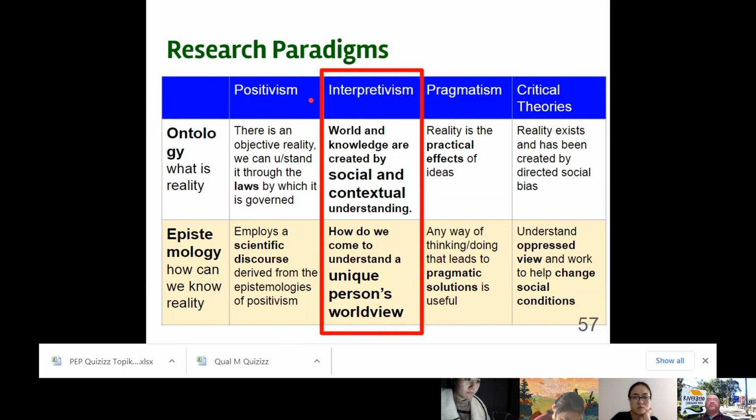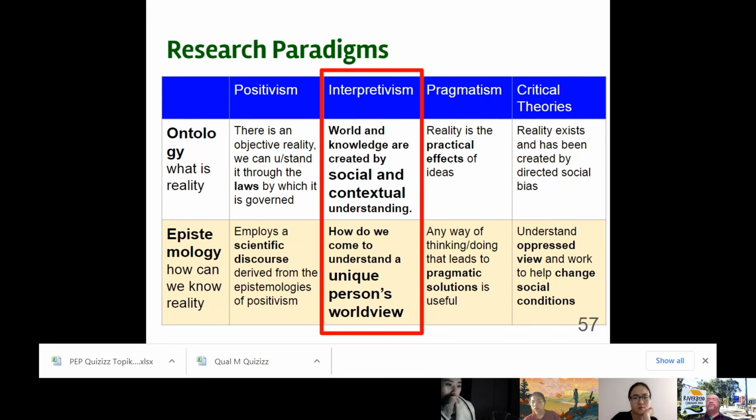Positivism is quantitative, but interpretivism is ours, qualitative. For qualitative, what is reality? Reality is contextual. That means it depends on the people in that area.